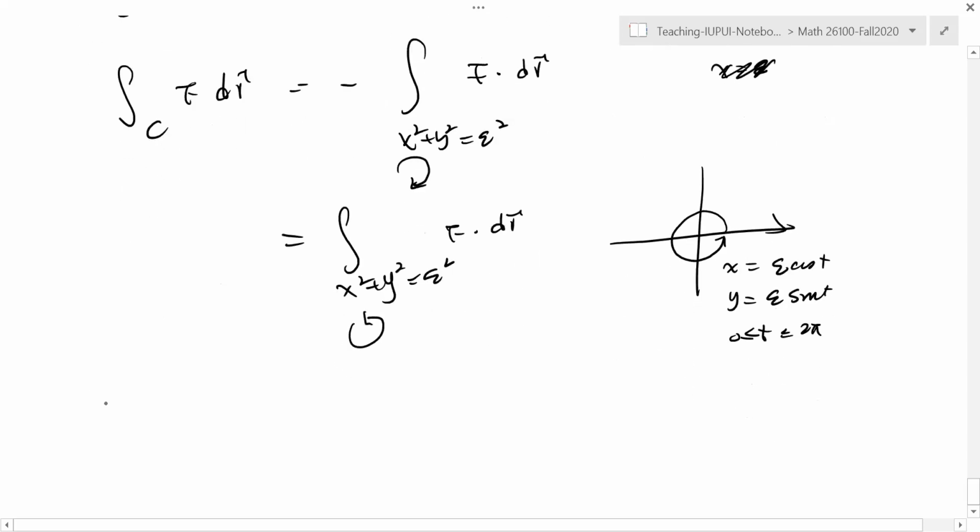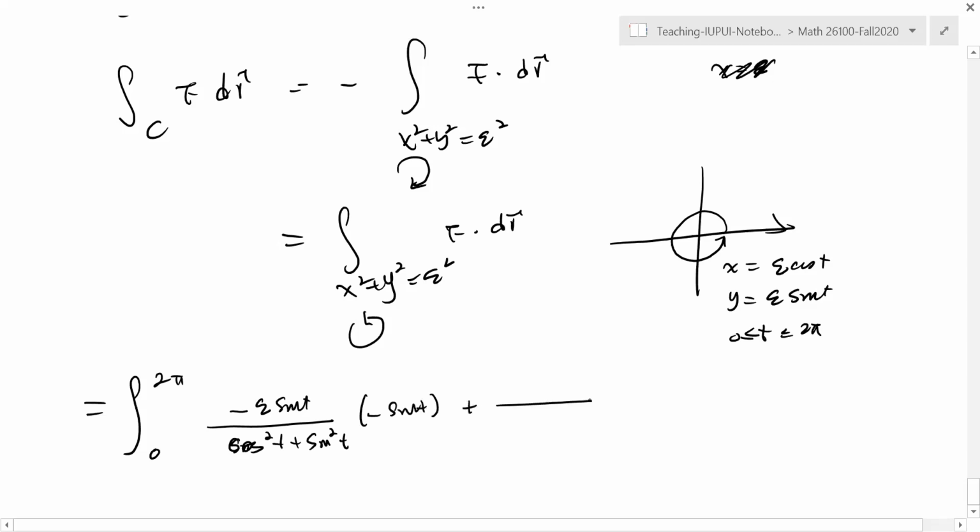Then we go back to our integral. It's from 0 to 2 pi. Now this goes back to the derivative. So here is negative epsilon sine t, over cosine squared t plus sine squared t, and dx will be negative sine t dt.